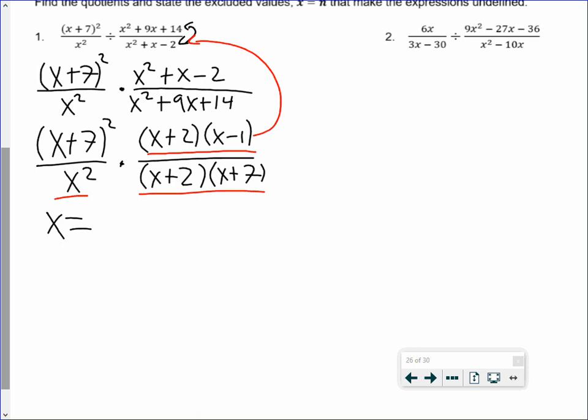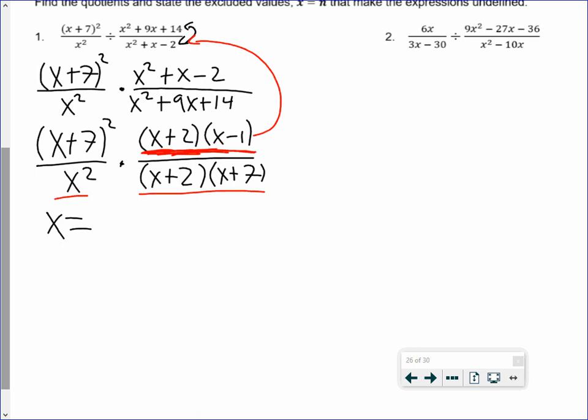So if at any time that numerator is 0, our original expression is also going to be undefined. That's why we include the numerator in our excluded values, because it used to be a denominator in our original problem.